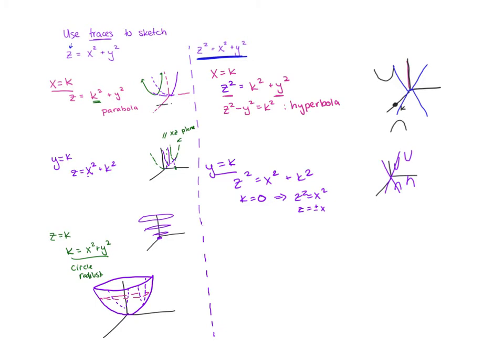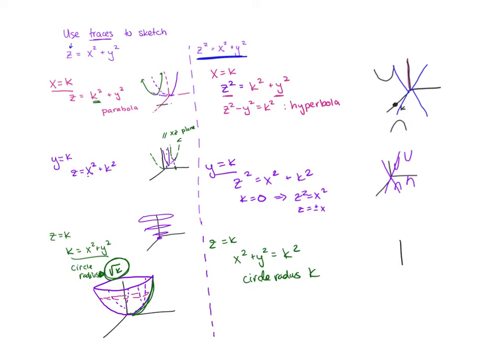Okay, finally, when z equals a constant, I get x squared plus y squared equals k squared. So that's a circle of radius k. Over here, I should have had root k. So because that radius was growing like a square root, it wasn't growing as fast, so we got that sort of curved edge here.